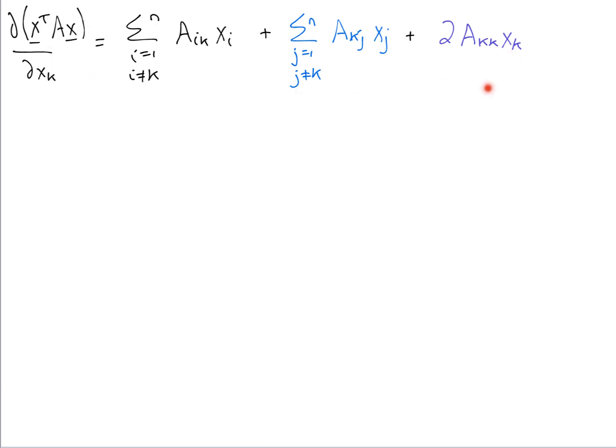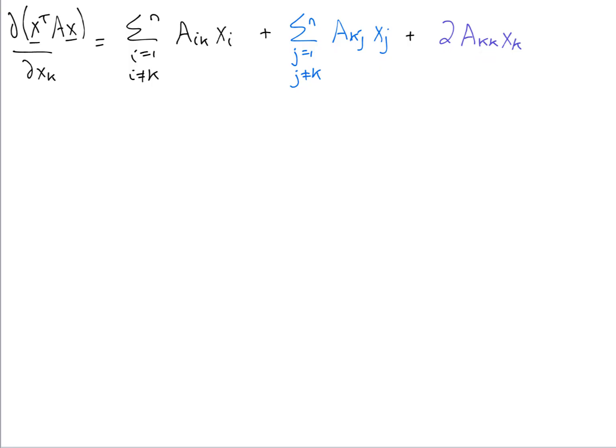Rewriting our expression here, we had the sum i goes from 1 to n of a_ik xi, but we were missing the kth term, the case where i was equal to k. But note, we have one of those here. Similarly, here we have the sum j goes from 1 to n of a_kj xj, but we're missing the term when j equals k. Also, we have one of those here.